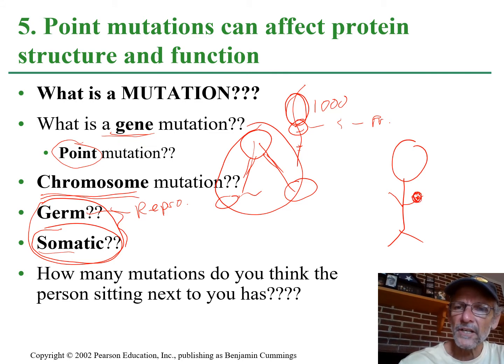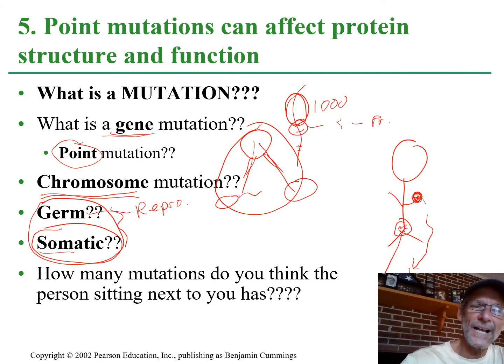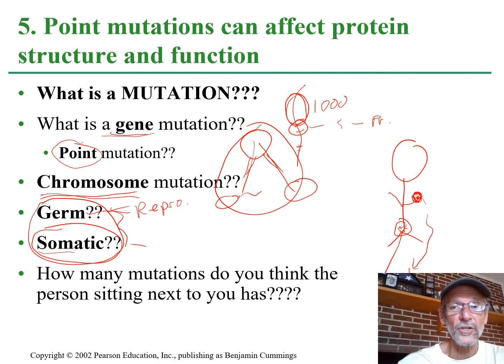Johnny got skin cancer because of that mutation. Johnny's not going to pass that mutation on to his kids, because Johnny doesn't pass the DNA in his skin cells onto his kids. He passes the DNA in his germ cells onto his kids. If a mutation happens there, a germ mutation, then he will pass that on to his kids. So that's the difference between these kinds of mutations in terms of what kind of cells they happen in. Germ cells or somatic. Somatic mutations aren't passed down, germ mutations are.